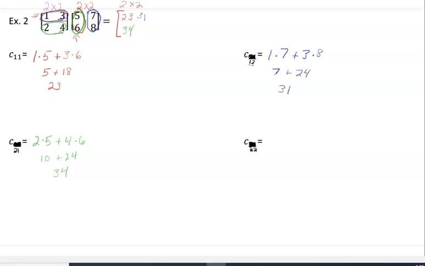And then on the last element, it is second row, second column. So I get 2 times 7 plus the second part, 4 times 8. That's 14 plus 32, is 46.